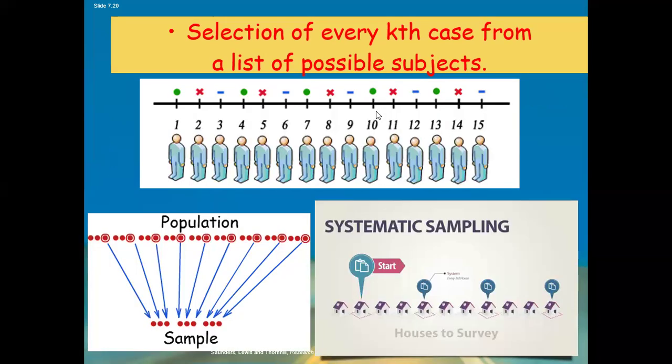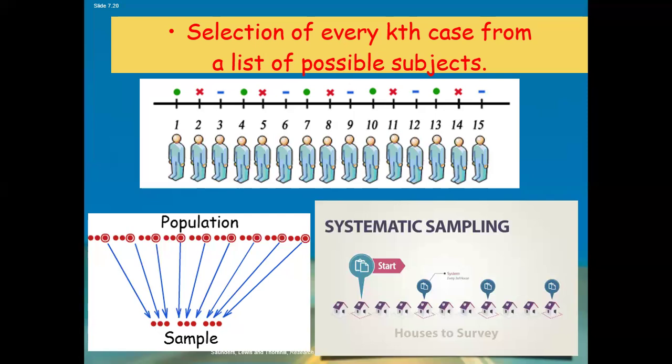Here, look at the picture. In the first picture, we are ordering the items numbered 1 to 15. After computing the order or the pattern, we select each nth item.